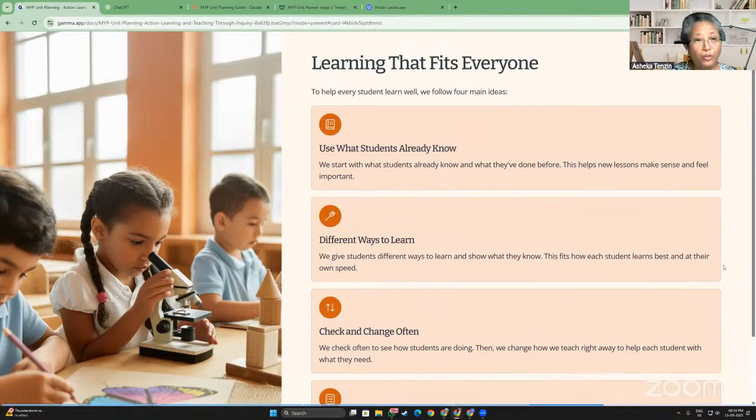Now show me this understanding through three different types. One group will show me through role play, one group through poetry writing, and one group through a visual poster.